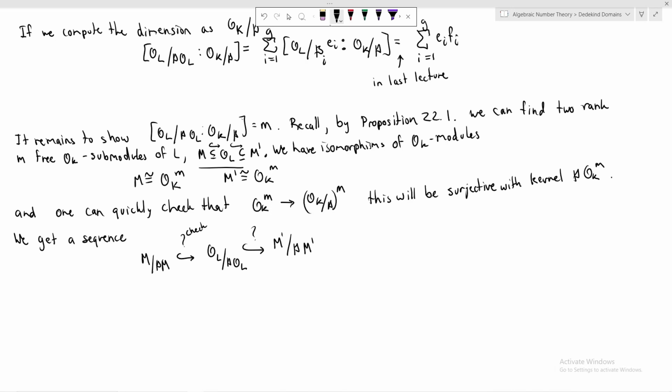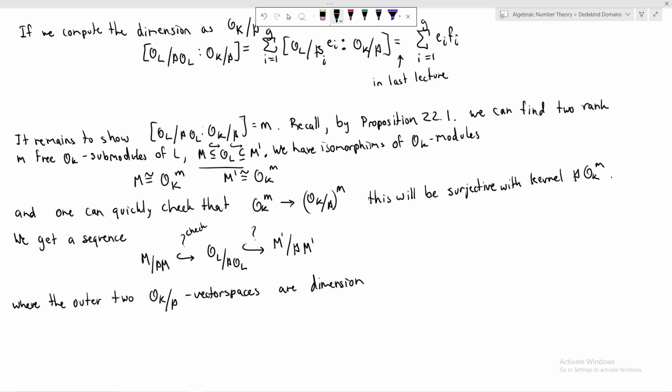And we know these outer two vector spaces, sorry, I should say outer two O_K mod P modules, are dimension m.